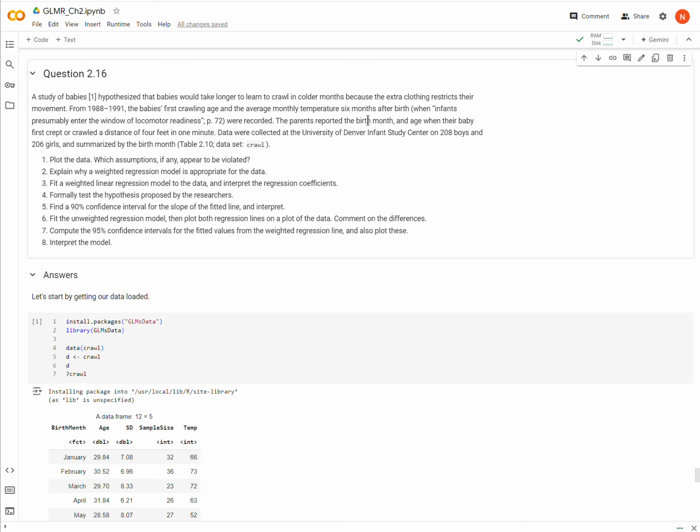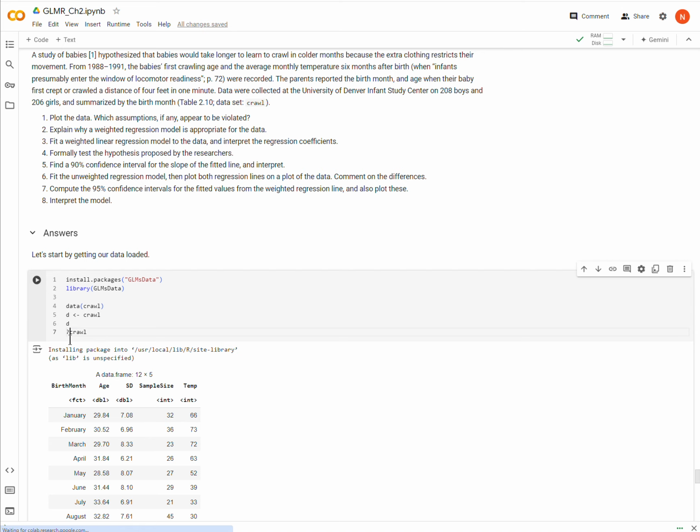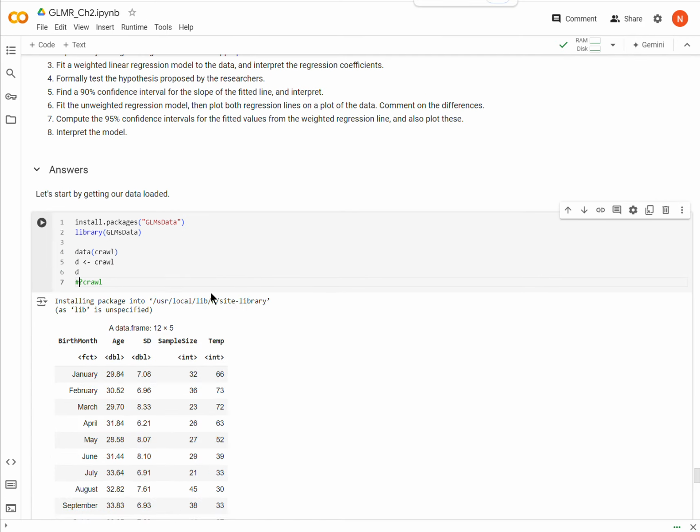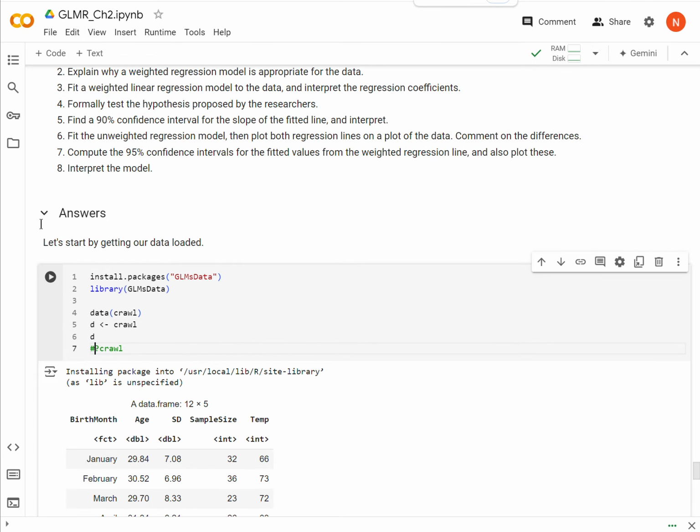So we're going to look at a data set called crawl. Why don't we just pull up the data set actually? I'm just going to comment this out so it doesn't screw up our screen.